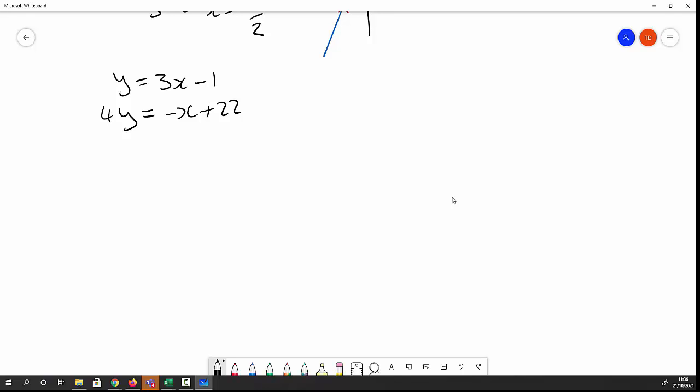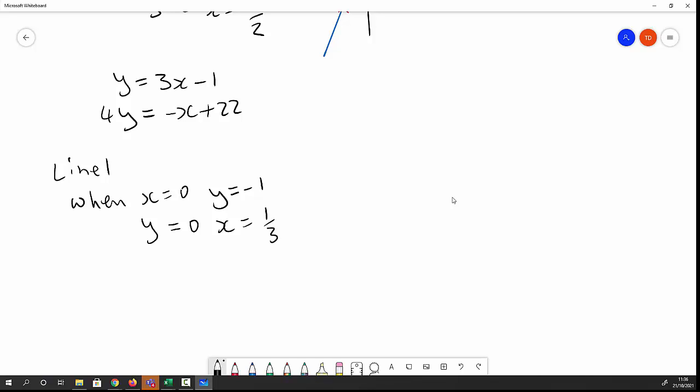Okay, so for the first line we're going to say that when x equals 0, y equals minus 1, and when y is equal to 0, x is equal to a third. So when y equals 0, 3x equals 1, so x equals a third.